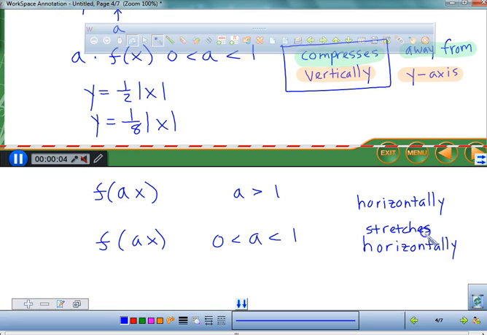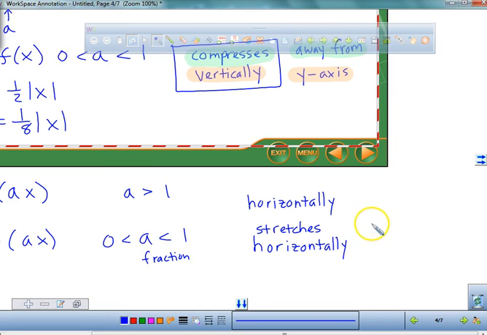If it stretches horizontally, that means your a value is going to be some fraction. Why is that? Because if it's a fraction, it's going towards the x-axis. So stretches horizontally means towards the x-axis.